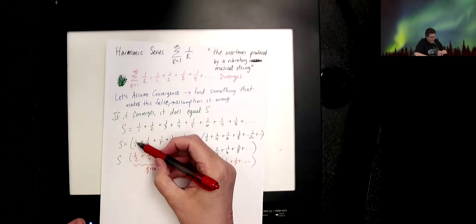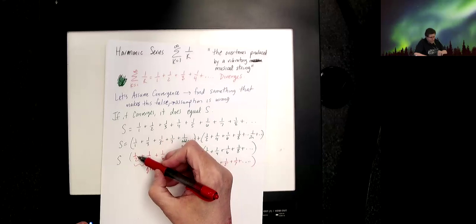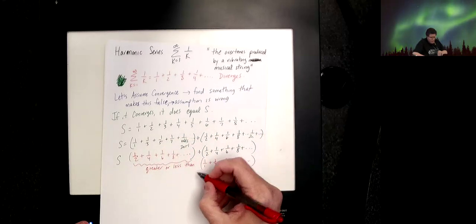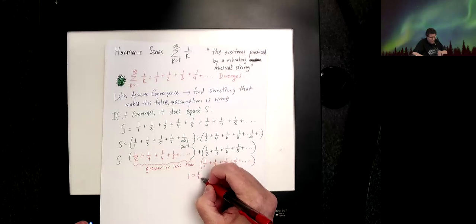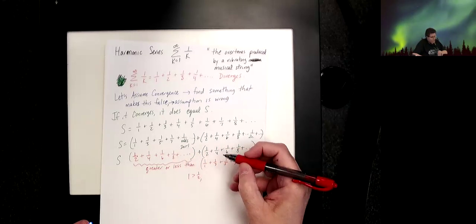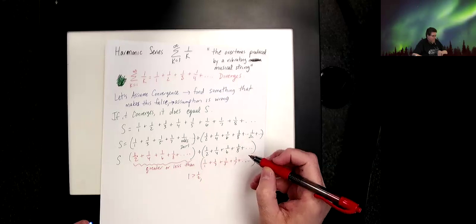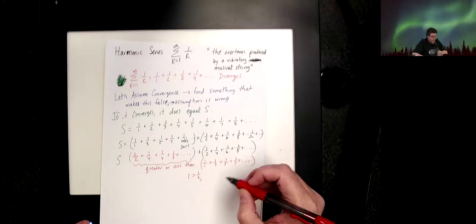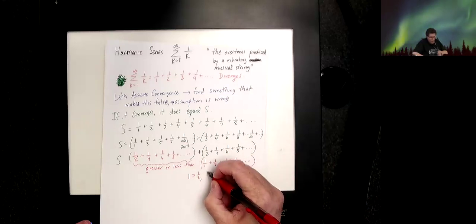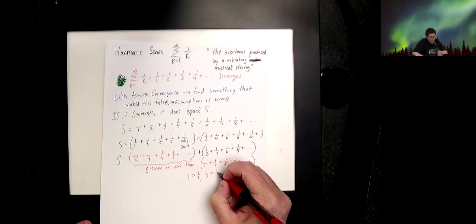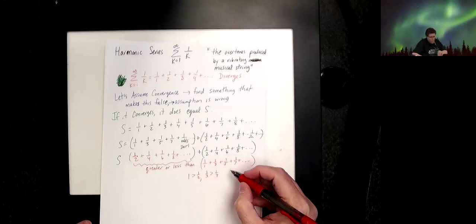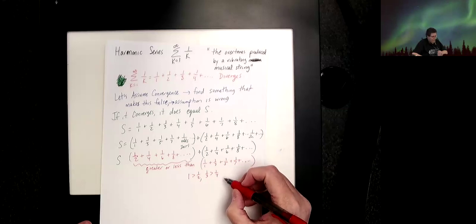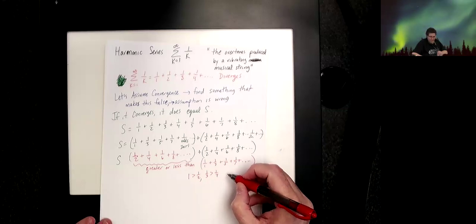Well, the 1 is greater than the 1/2. So 1 is greater than 1/2. 1/3 is like 0.33. 1/4 is 0.25. So 1/3 is greater than 1/4. 1/5 is 0.2. 1/6 is 0.16.